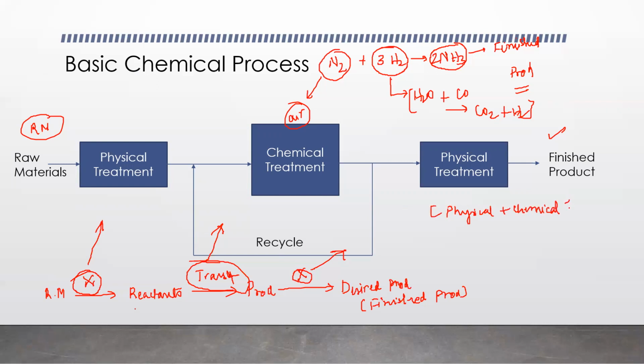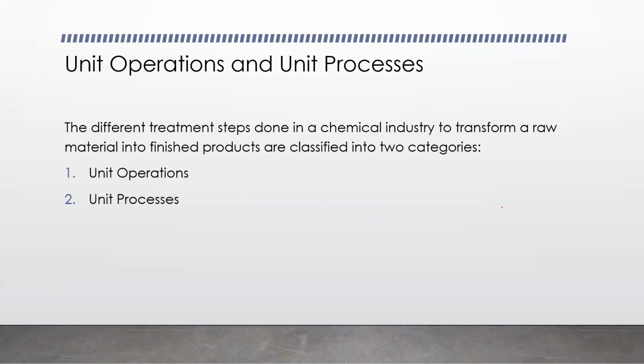We need physical and chemical treatment steps. So we are going to classify whatever happens in a chemical industry, whatever units are there in a chemical industry, into physical and chemical treatment. To classify them, we give them two different names: unit operations and unit processes.